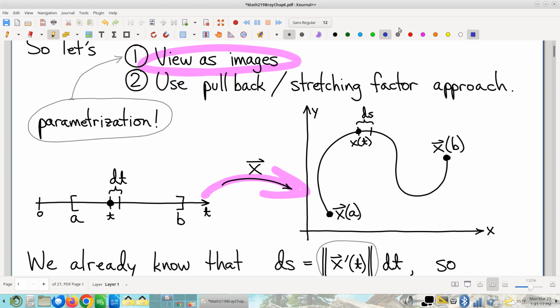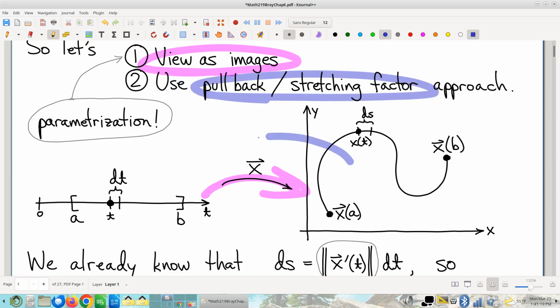And then with that idea, you use the pullback stretching factor strategy to rewrite it as an integral on this new, nicer domain. In this case, what we might call dimensionally nicer. This is dimensionally at home. It's a one-dimensional interval that lives on the one-dimensional t-axis, and that's something we know how to do.